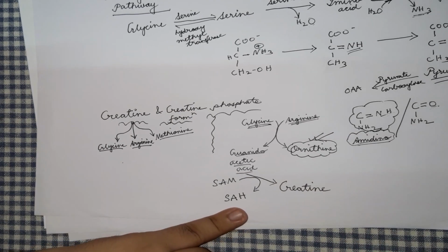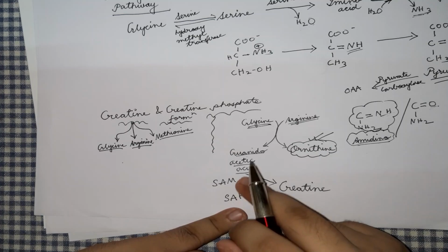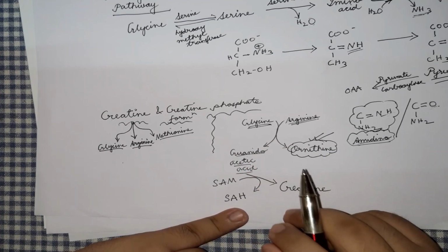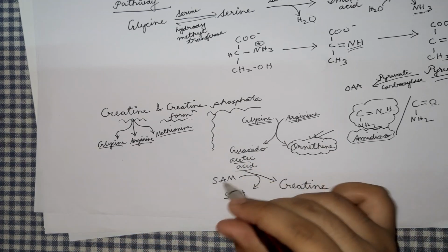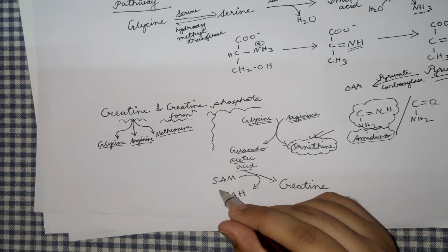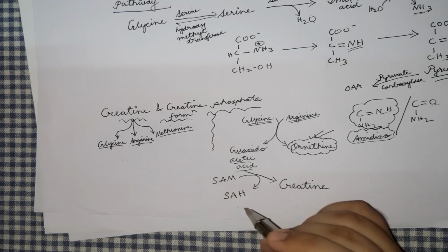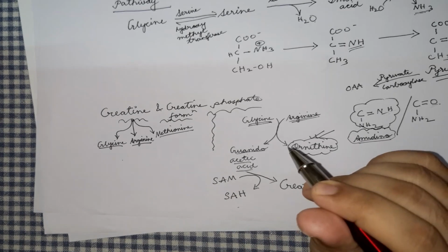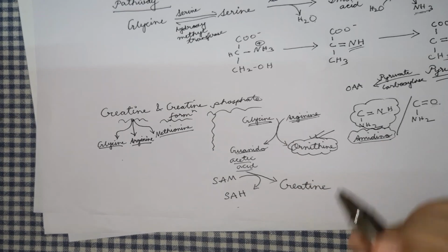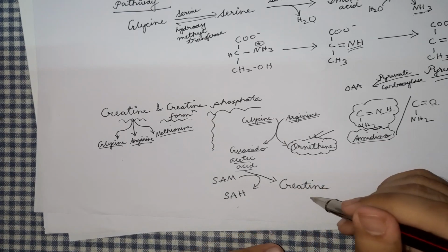So creatine is formed after guanidoacetic acid reacts with what is donated by S-adenosine methionine, which itself forms S-adenosine homocysteine. Now we have formed creatine.